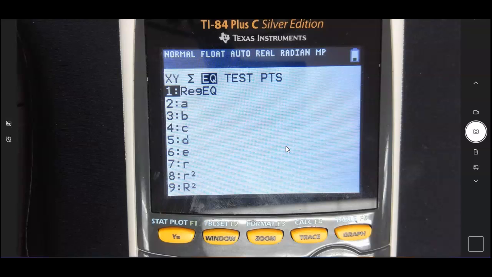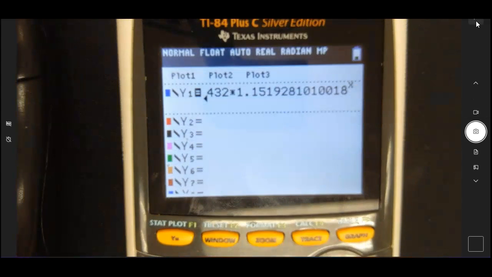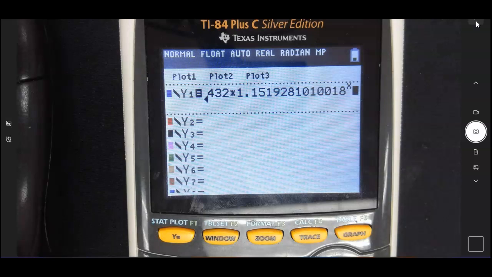Again, those steps are hit y equals, clear out what you have, hit vars, go down to 5 for statistics, arrow over to EQ, and hit 1 on reg EQ. And all it does is put that into y equals.